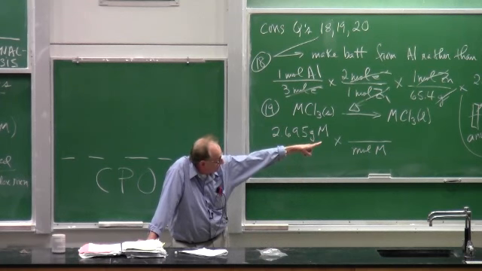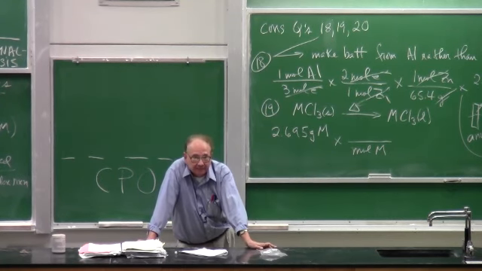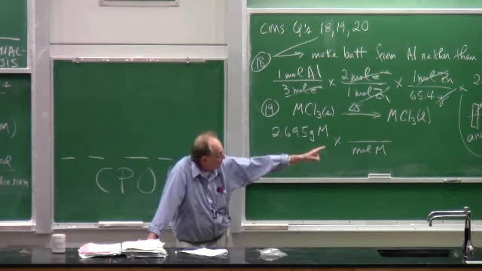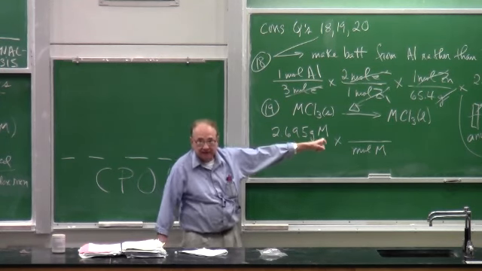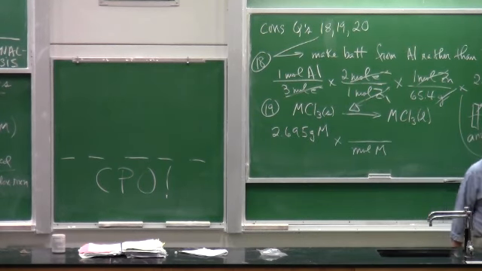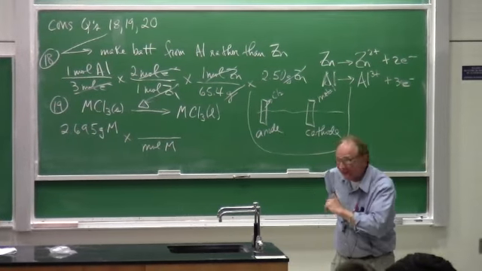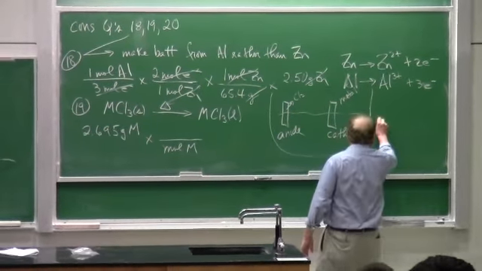See that formula? What does this formula tell me? This formula tells me that the oxidation state of this metal is what? Plus 3. So I'm going to write down this.